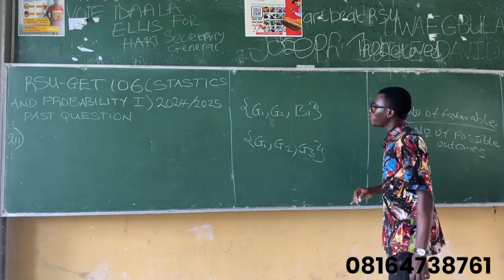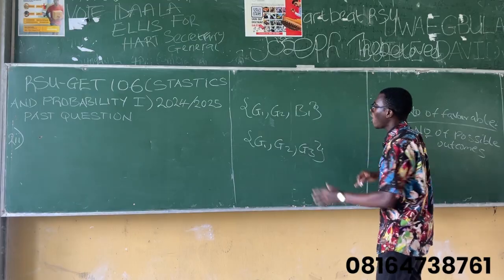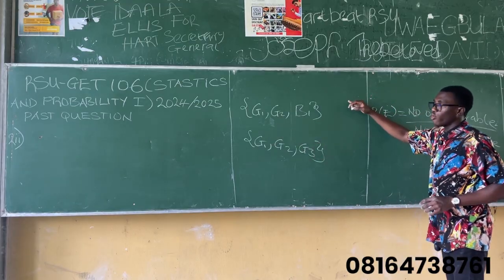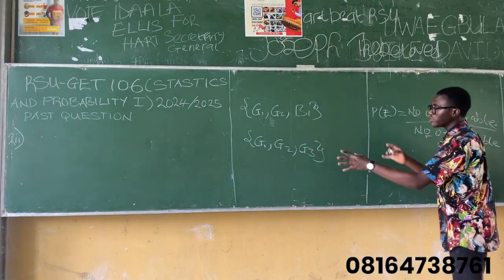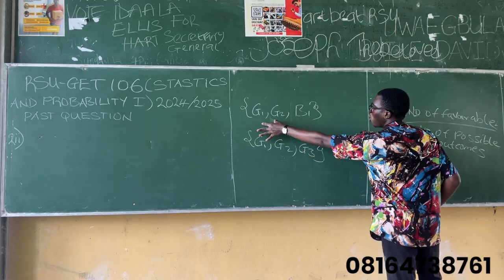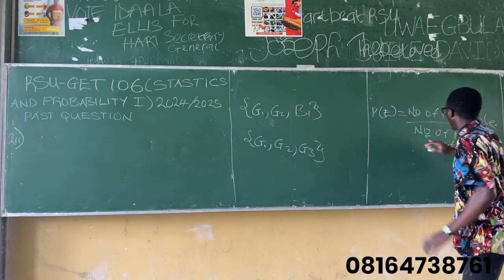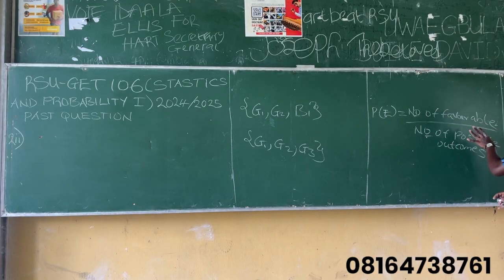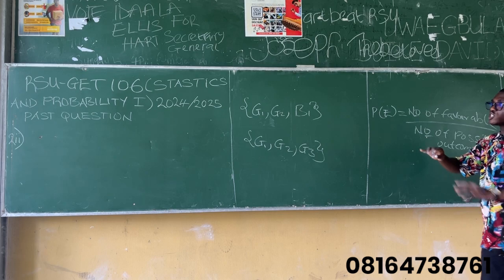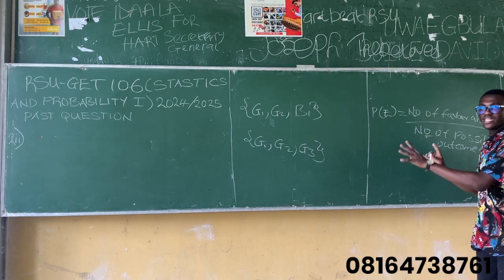Now, the number of favorable outcomes for this is how many of the sample points outlined in the sample space have either 3 girls or 2 girls and just 1 boy. So you either count all of that and impute it as your number of favorable outcomes, then divide it by the total number of possible outcomes, which is the total number of sample points in that sample space.